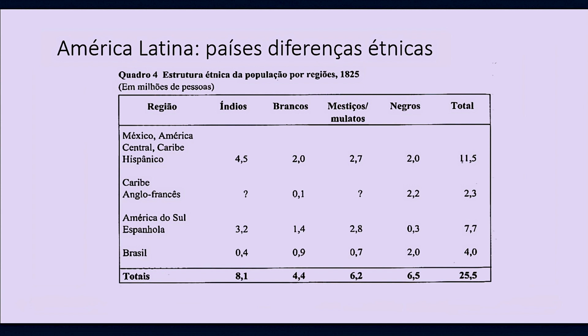Then you think about white people: 2 million in Mexico, 0.1 in the Caribbean region, in Spanish America 1.4, in Brazil 0.9. Look at the miscegenation process here, very strong in Brazil. This is very good for us to reason a lot about this ethnic formation in America today based on history.